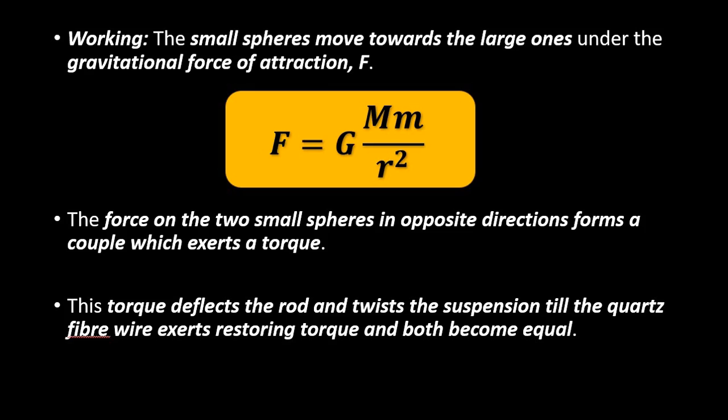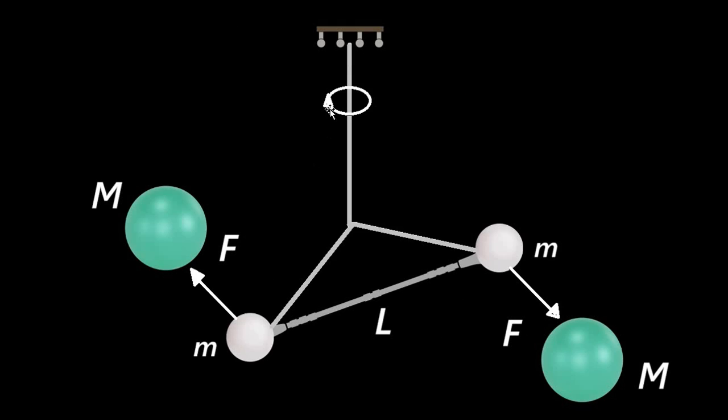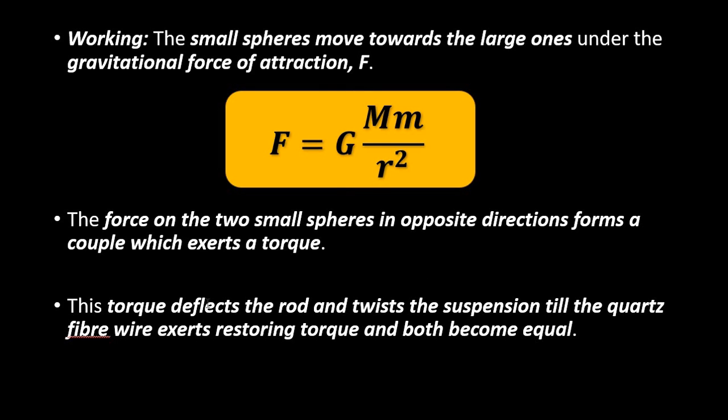It deflects the rod, and the quartz fiber wire gets twisted. When the deflecting torque causes the quartz fiber wire to twist, the restoring torque of the wire tries to bring it back to the initial position for rotational equilibrium.